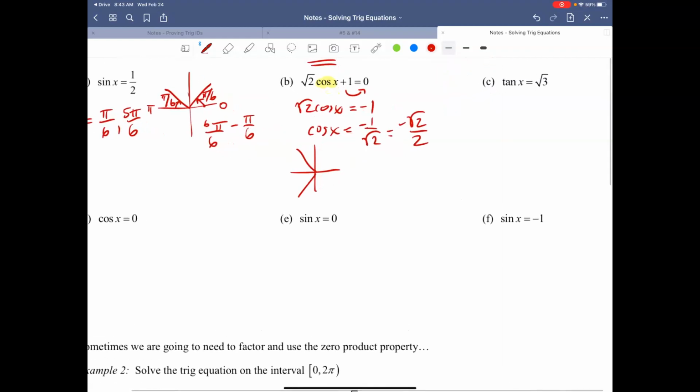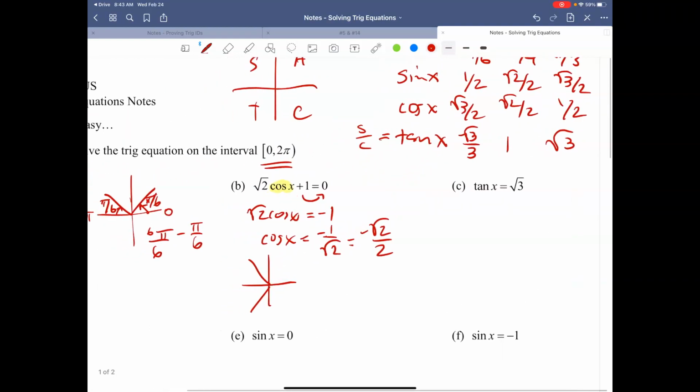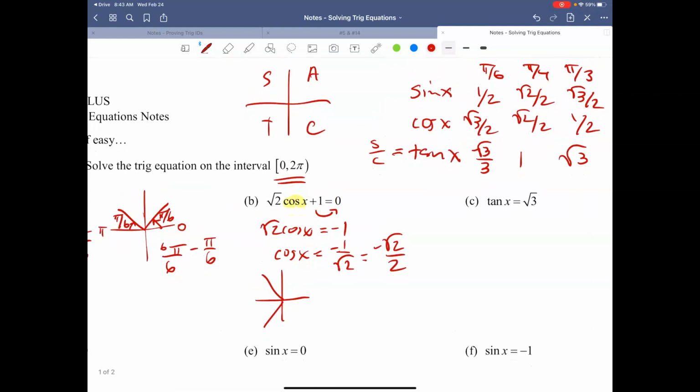The reference angle that we want here is the reference angle where cosine is root 2 over 2. And so we can see here, cosine is root 2 over 2 at pi over 4. That's what we're going to put as the reference angle in quadrants 2 and 3. So, remembering that this is pi, in order to get our angle in quadrant 2, we're going to go backwards pi over 4, which means that we'll subtract pi over 4 from pi.